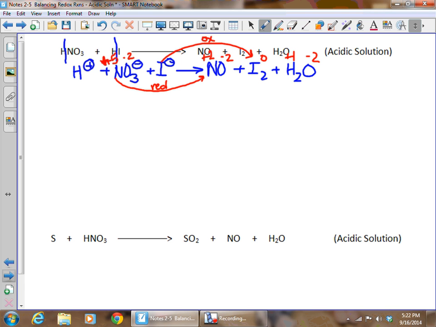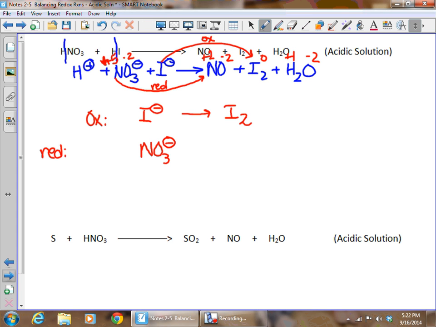So let's write those as our half reactions. We've got I minus reacting to form I2. And we've got NO3 minus. I'm going to write that a little bit further over here. You'll see why in a few minutes.